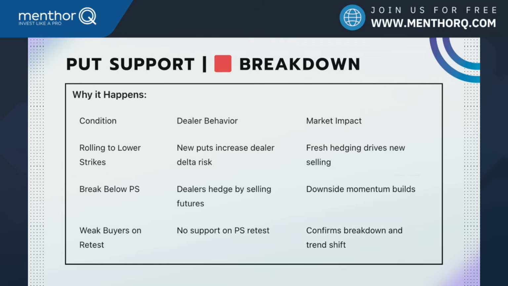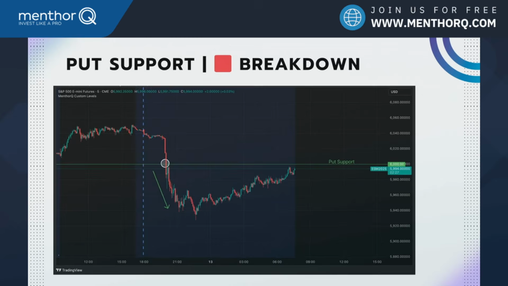Again, this is another very, very simple breakdown of what could happen when we are in a breakdown of put support. And again, this is another example of S&P. This is an old slide that we have, but we broke put support, and now the put support becomes a resistance, no longer a support.